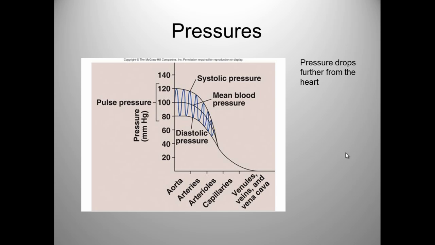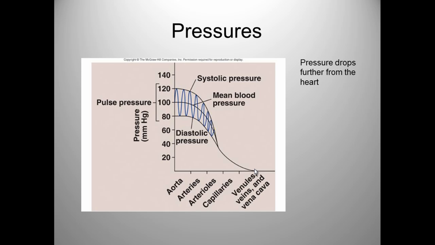If we looked at a diagram showing the pressure between the different blood vessels, you can see that the aorta is the major artery coming out of the heart, and it has not only systolic but diastolic pressure. As you go further away from the heart towards the veins, the pressure drops dramatically.